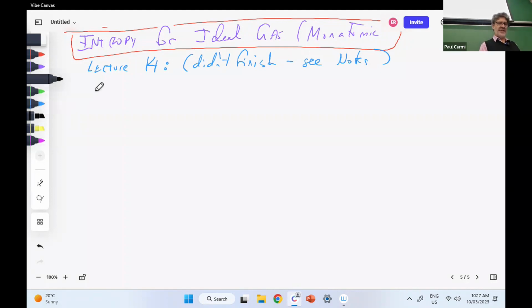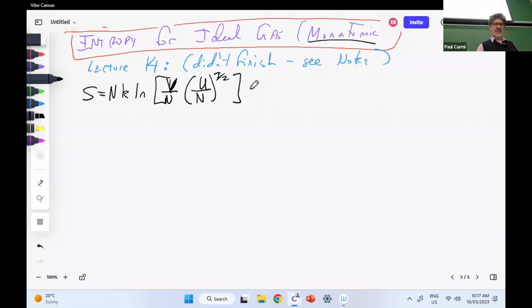We derived this Sackur-Tetrode equation directly from our formalism, the thermodynamic formalism. You get V on N, U on N to the 3 on 2, so it's monatomic.